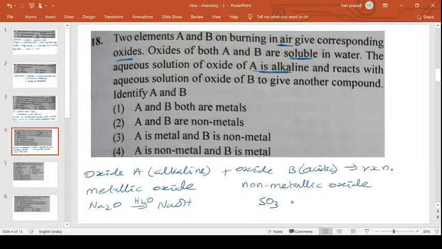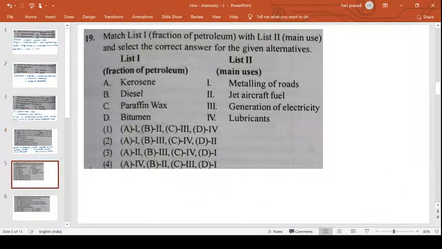Non-metallic oxide, for example, SO3 with water gives sulfuric acid, which is an acid. Therefore, acidic oxide is non-metallic oxide and basic oxide is metallic oxide. So for this, A is a metal, B is a non-metal. Next question.